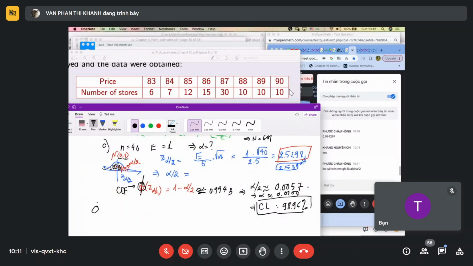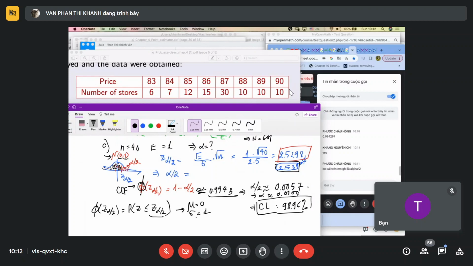What is phi? Phi is the probability that z is less than or equal to z alpha over 2. So if z alpha over 2 is 2.5298, and you use your calculator to find the area, you write mu is 0, sigma is 1 because it's the standard normal, right?